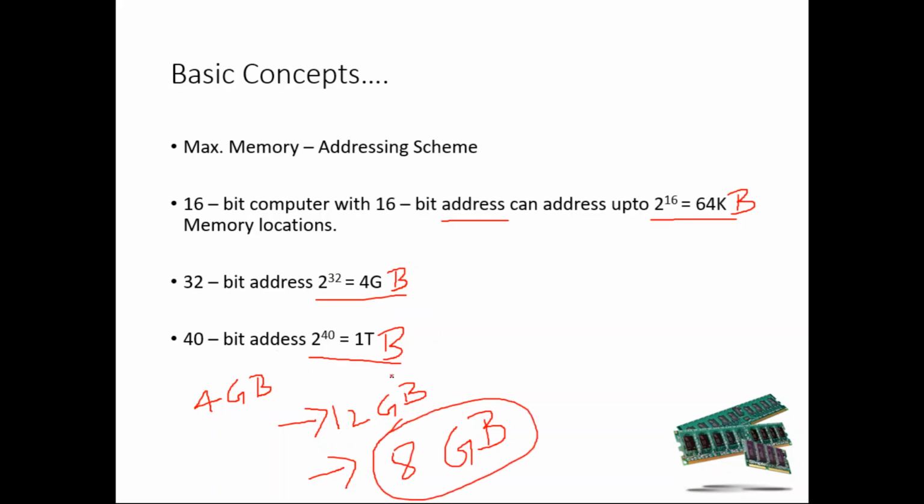Okay, so here you can see that if the address bus size is 32-bit, it can address only 4 GB. From this you can calculate what the address size would be that is required to address 8 GB. You may take this as homework and try it.